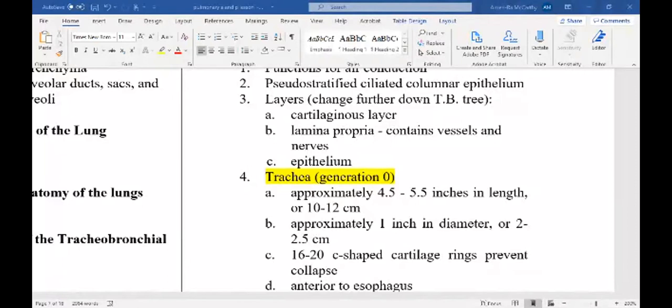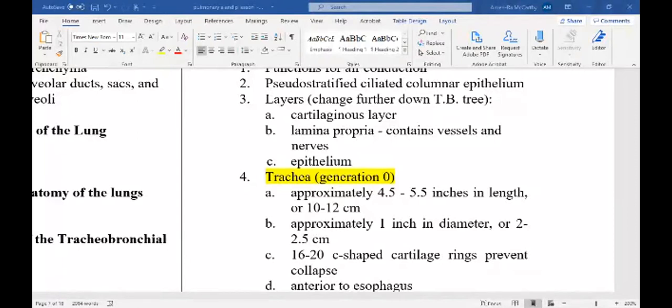All right. How long is the trachea? 4.5 to 5 inches long, or 10 to 12 centimeters. That's why you got to know centimeters and inches and how to convert them, because the answer may say the trachea is approximately how long, and the answer may be in inches or in centimeters. You got to know both in order to make sure you get it right.